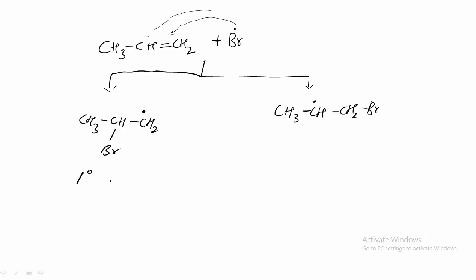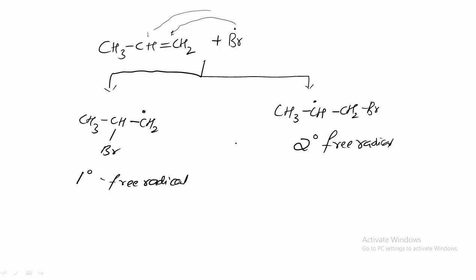Now this is a primary free radical because the radical is formed on the primary carbon atom. This carbon is attached to only one other carbon and hence it is primary carbon, and the radical formed is said to be primary free radical. And here the carbon is bonded with 2 other carbon atoms, thus it is said to be secondary free radical.